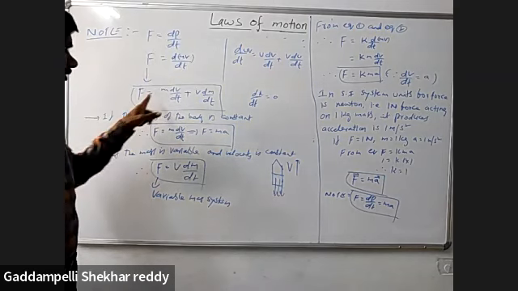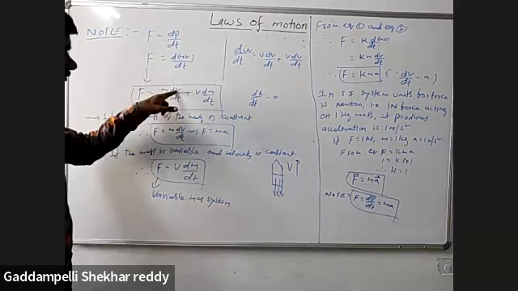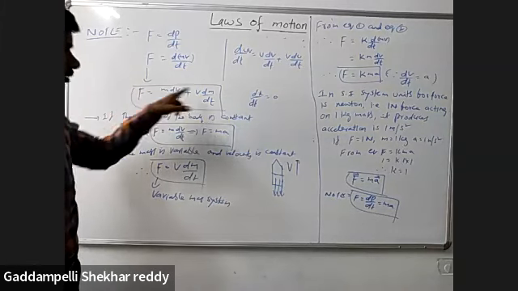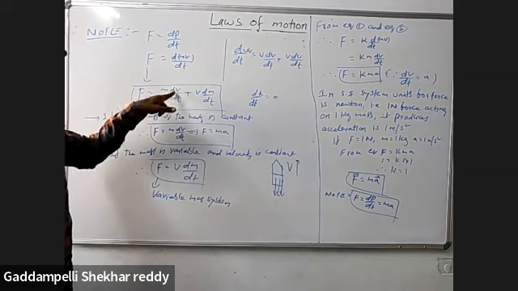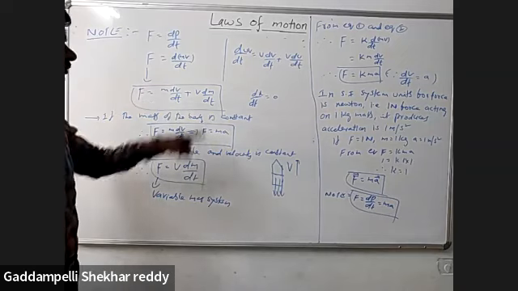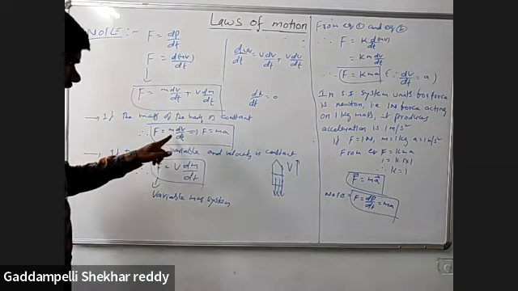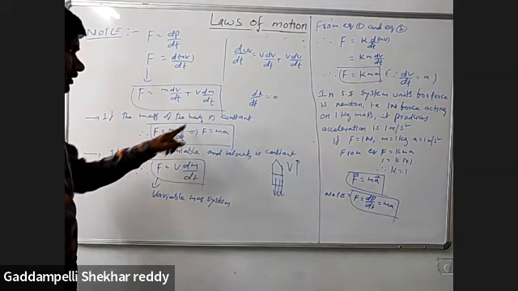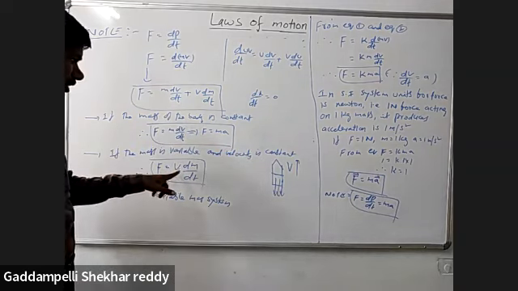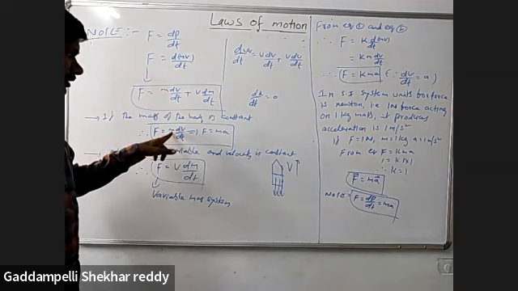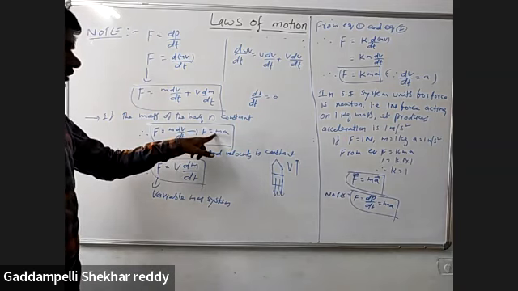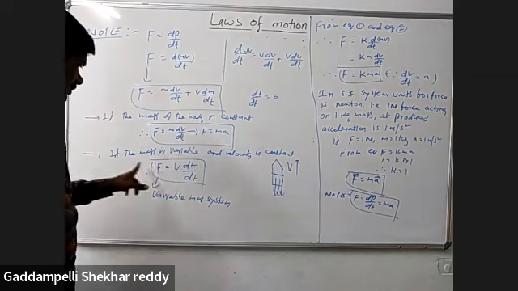After differentiation, F is equal to m dv by dt plus v dm by dt. Here both mass and velocity change. If only velocity changes and mass remains constant, the formula is F is equal to m dv by dt, which implies F is equal to ma.